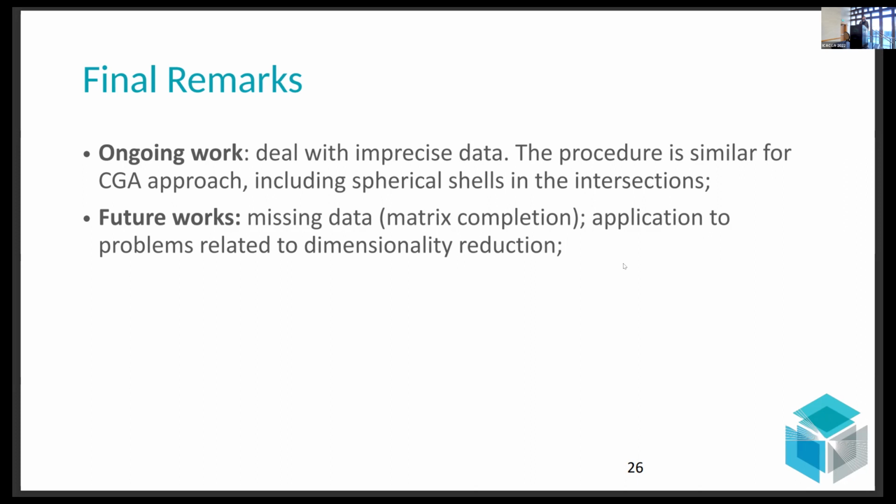This may be perhaps an advantage of this approach, since for linear algebra, the procedure is apparently not so straightforward to generalize. And for future work, we want to work with missing data and apply to problems related to dimensionality reduction, multidimensional scaling, something like that.